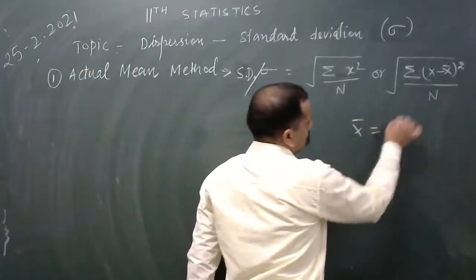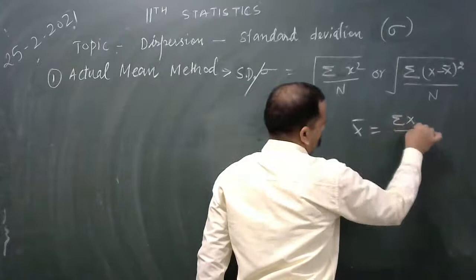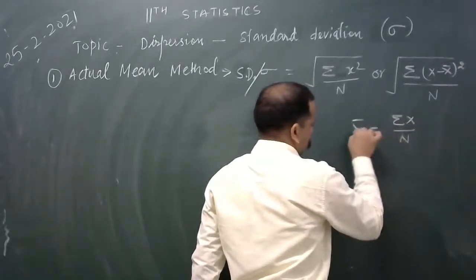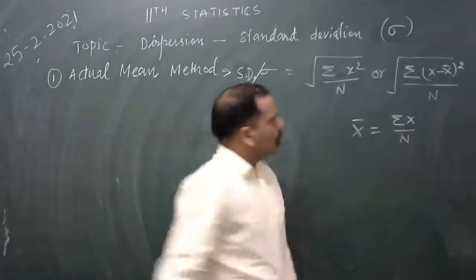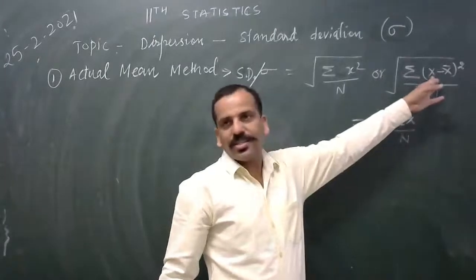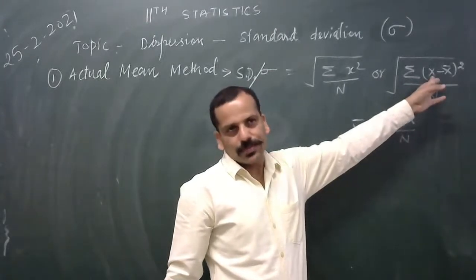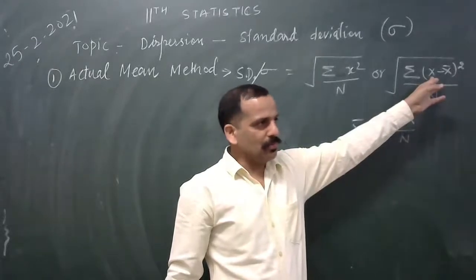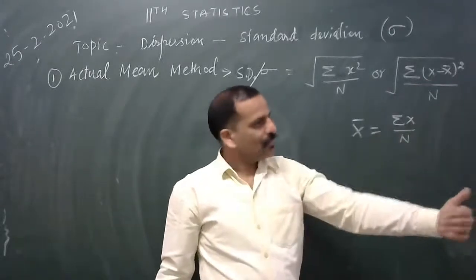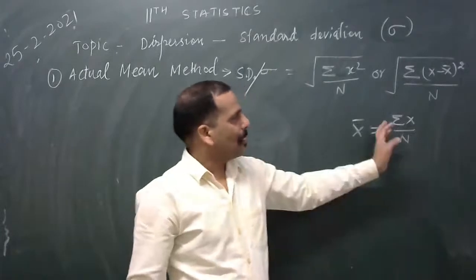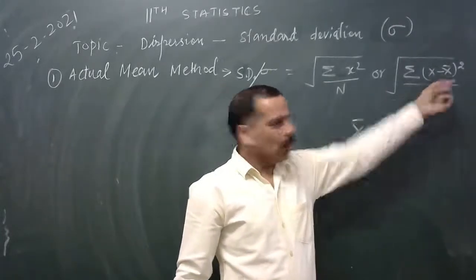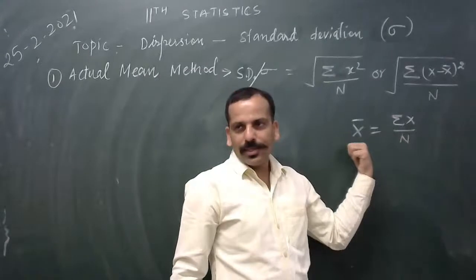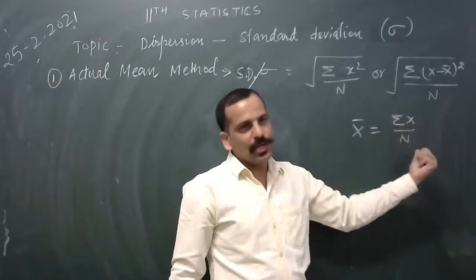Mean is equal to summation x upon n. Here X is generally given; it is nothing but the value of the variable, maybe income, expenses, consumption, profit, and so on. So we find the mean as sum of x upon n.